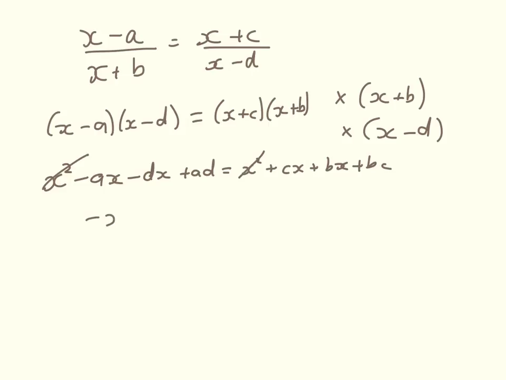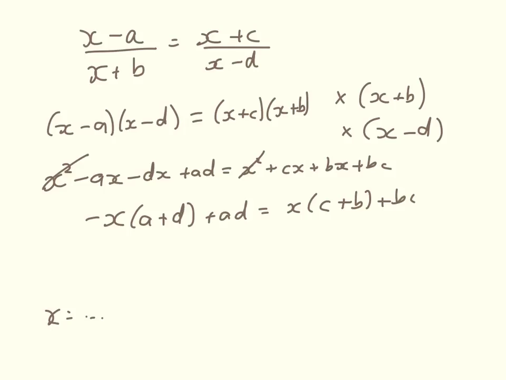So we get negative x times a plus d, plus ad, is equal to x times c plus b, plus bc. Now my goal here is to end up with x equals something. So I'll collect up all of the x terms onto one side. And let's see what happens there.